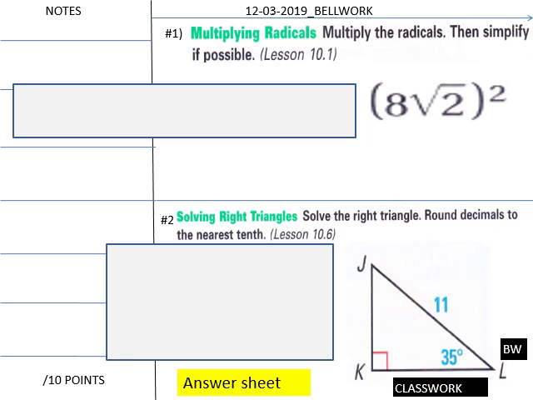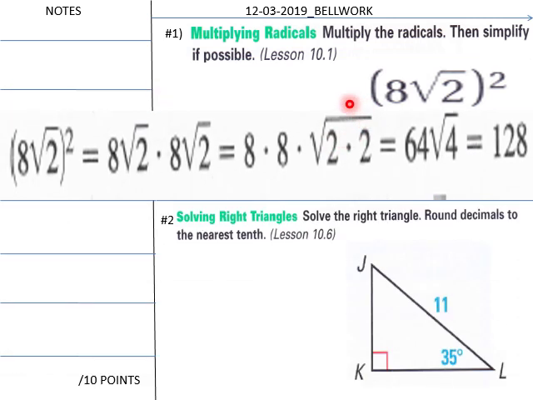Students, to solve for number 1 up here, simplify this: you have 8 times radical 2, squared.